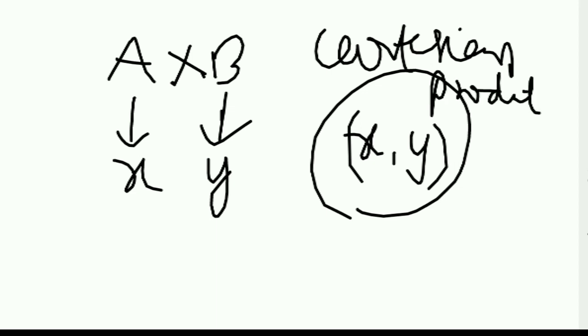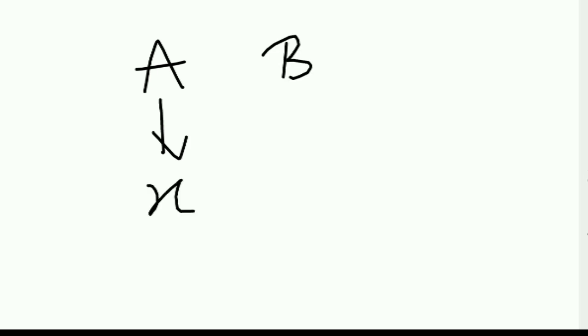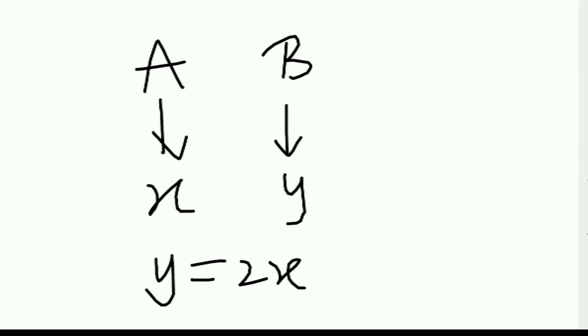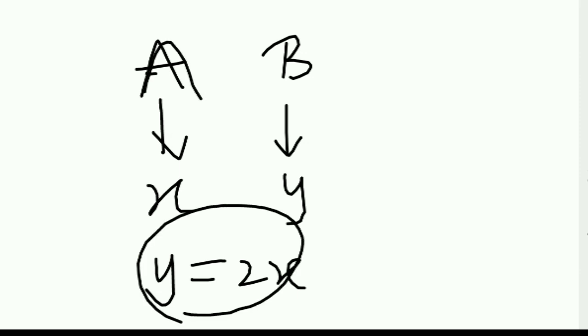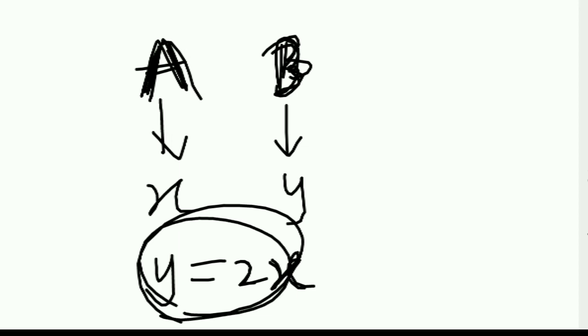And when you are showing some relation, for example, if you are taking one element from set A, let's name it x, and the second element you are taking from B, for example y, and you are showing that y is equal to 2x, means the elements of A and elements of B that have a relation with each other. So we can show this relation as y is equal to 2x.